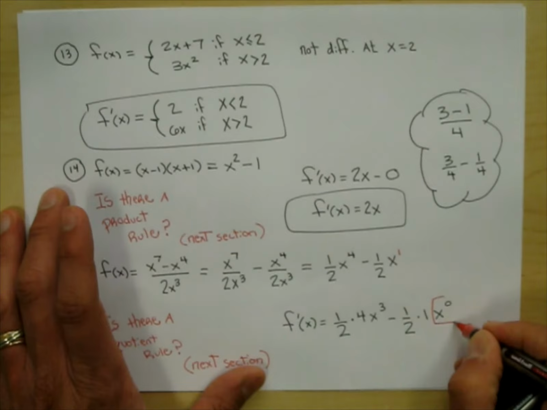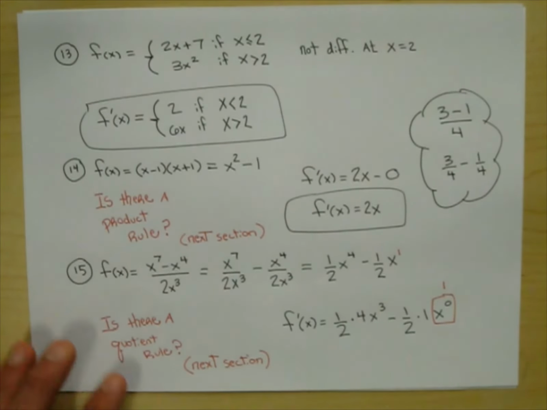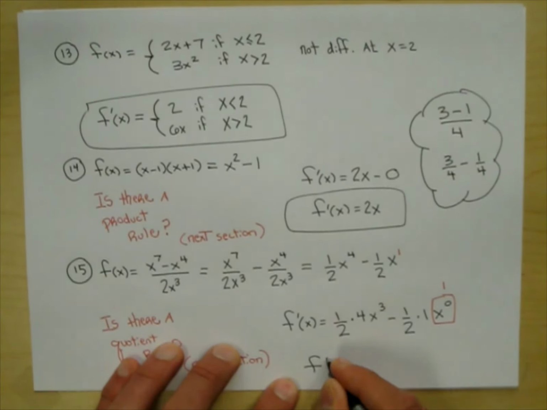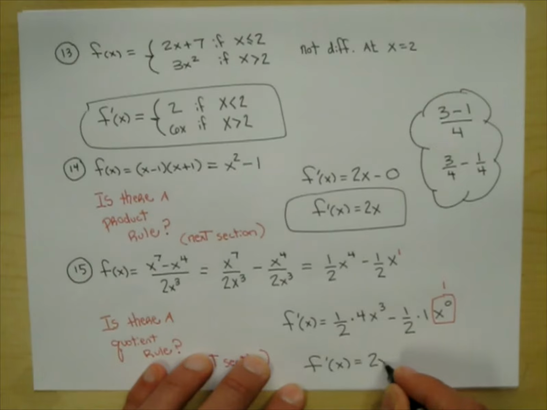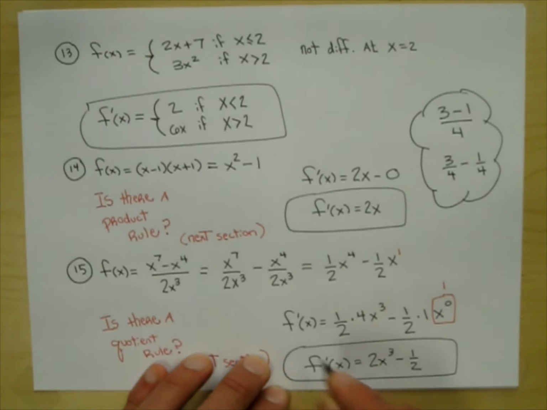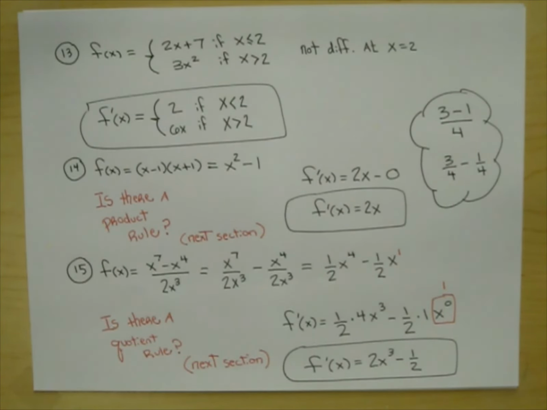So x to the 0 is actually 1. The derivative then, if you simplify things, is 2x cubed minus 1/2. And that finishes problem number 15.